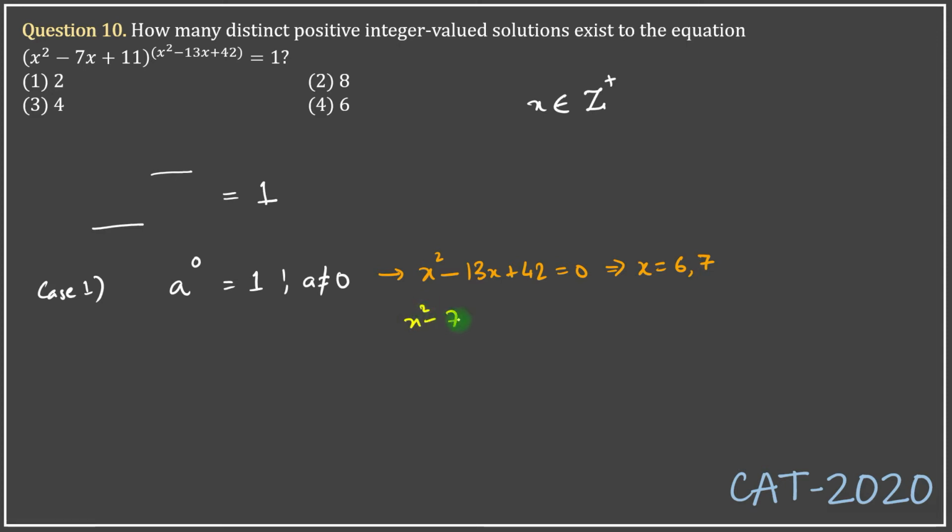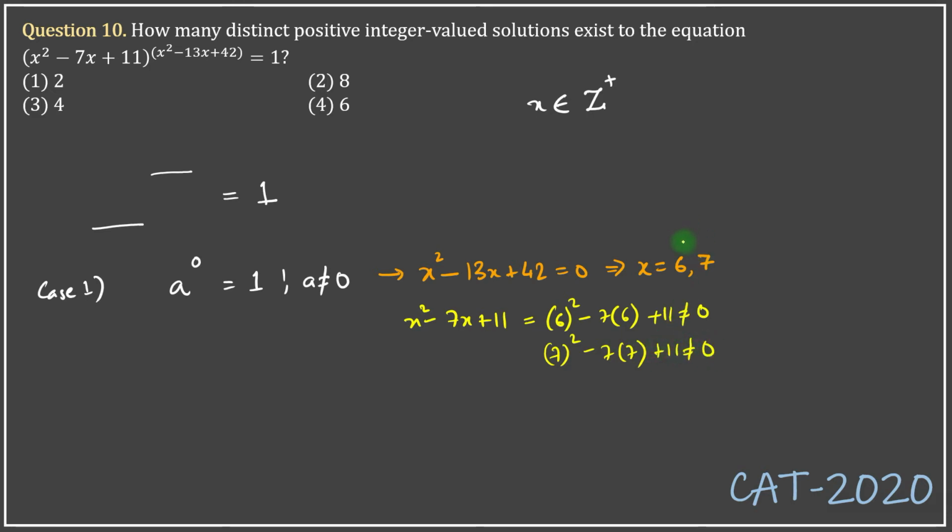x square minus 7x plus 11 when x is equal to 6 equals 36 minus 42 plus 11, not equal to 0, works. Let me check the value of this expression when x is equal to 7. So that's 49 minus 49 plus 11, again not equal to 0.